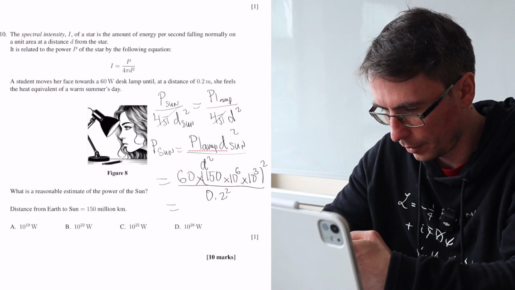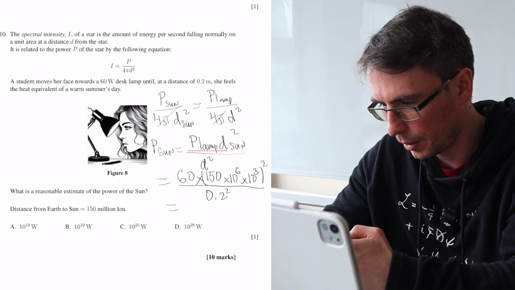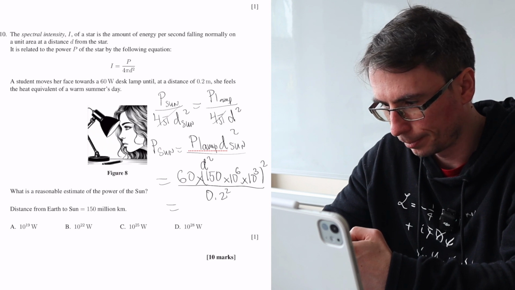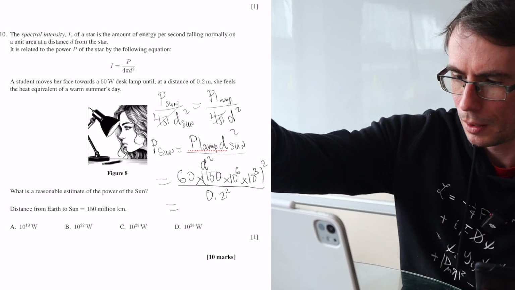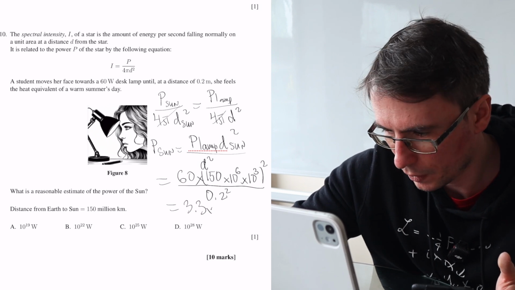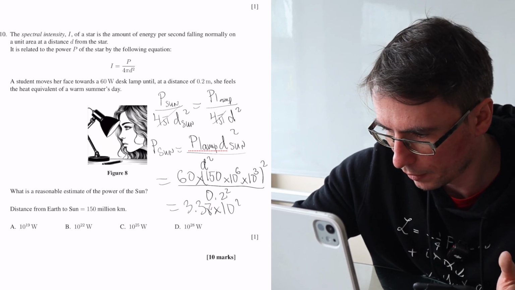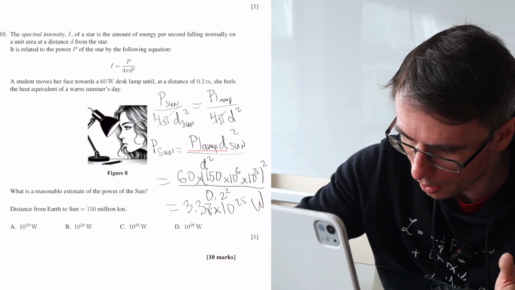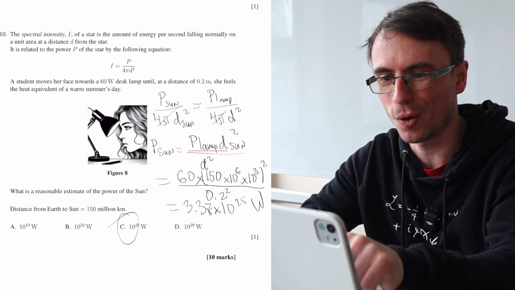I'm slowly getting faster in using this calculator. So we get around 3.37 times 10 to the power 25 watts, about 10 to the power 25 watts.